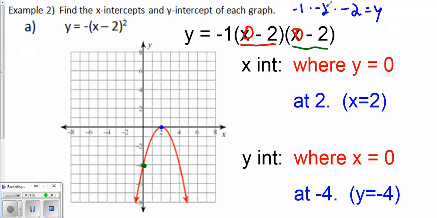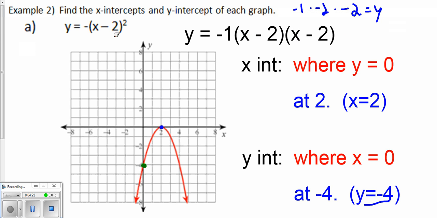Negative 1 times negative 2 is positive 2. Positive 2 times negative 2 is negative 4. Right here, y equals negative 4, and it shows up right there on our graph. So that's how we can find our y-intercept, either looking right at the graph or going back to our equation up here and plugging in 0 for x.